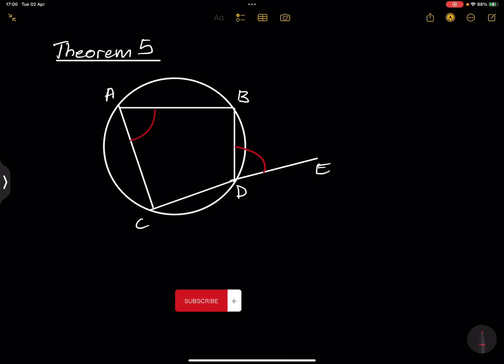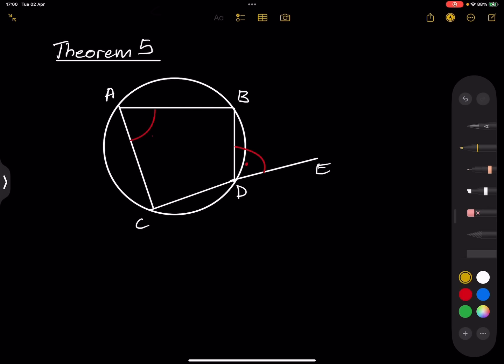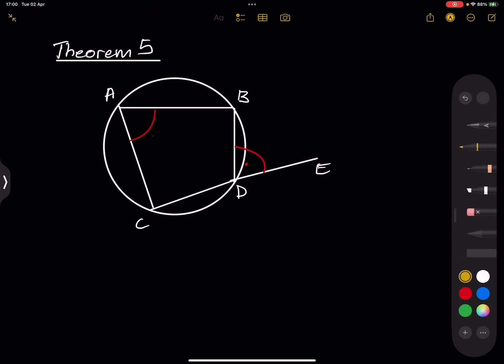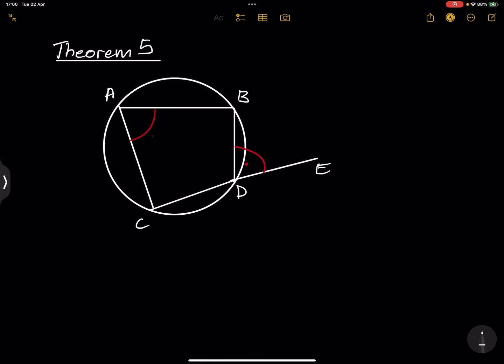So this angle here, which is on the outside of the cyclic quad, would be equal to the opposite interior angle. Now please, ladies and gents, note that once we use this theorem, how do we state this? We just simply say exterior angle of a cyclic quad.